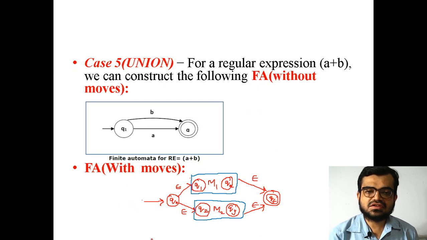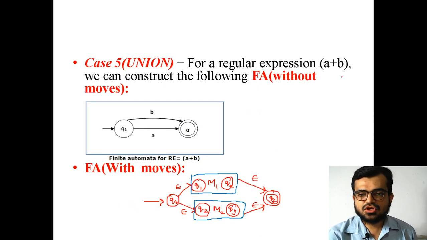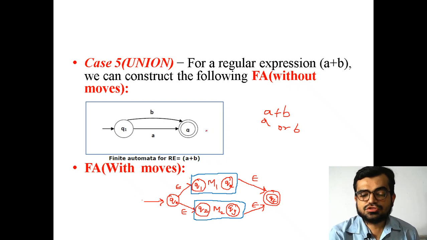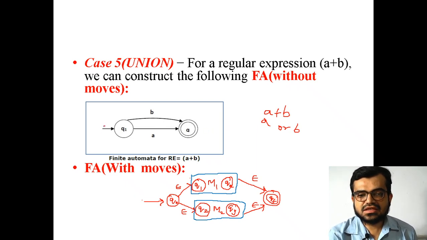Now the next is the union operation. A plus B means it is a union operation, or you can call it A or B. If you look carefully at the first diagram, this is without epsilon moves. This is the initial state.